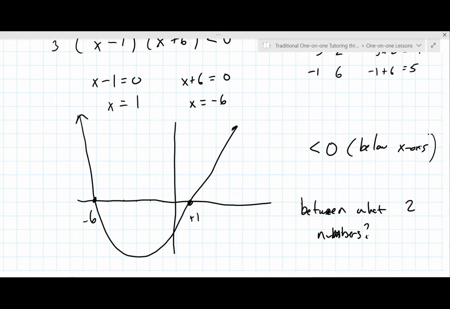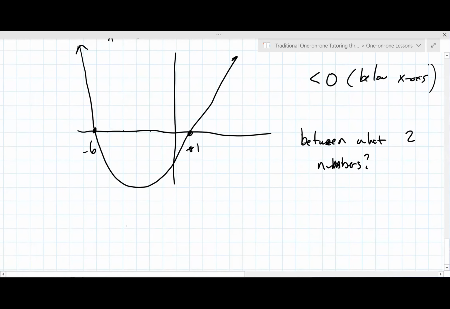What is the left number here? -6. And what is the right number here? Positive 1. So is it below the x-axis between those two numbers? Yes.